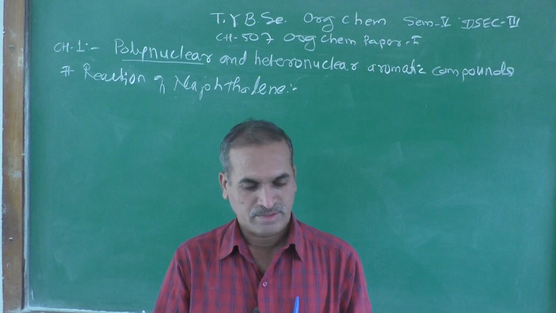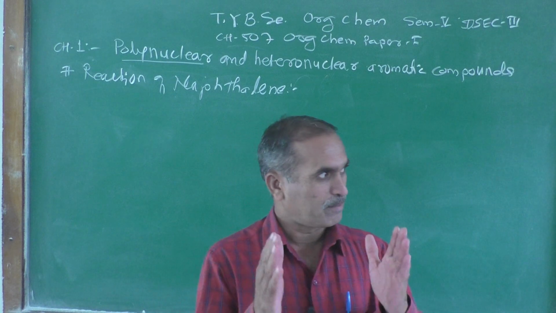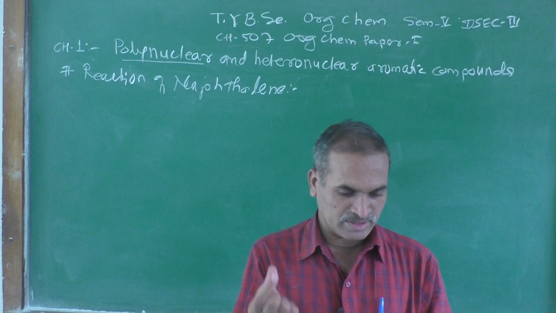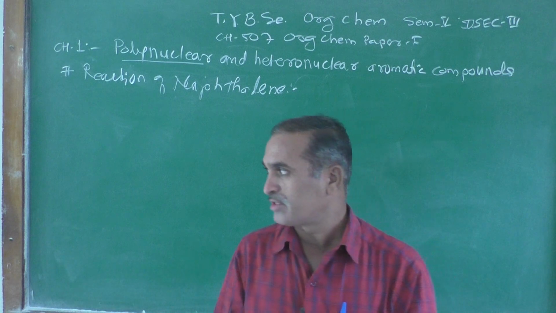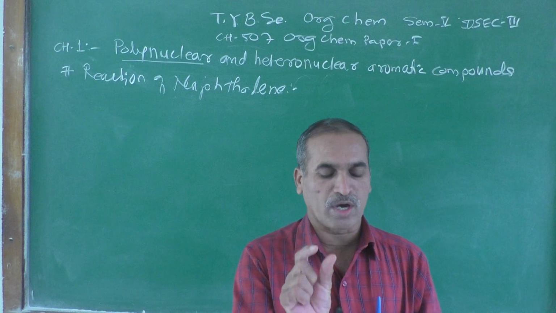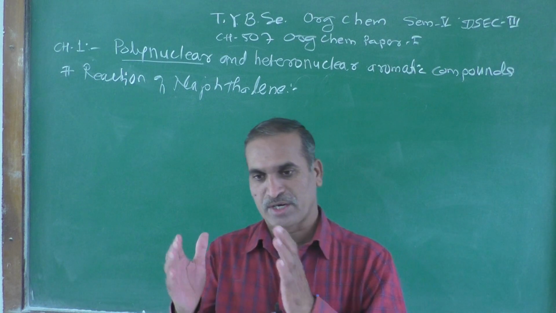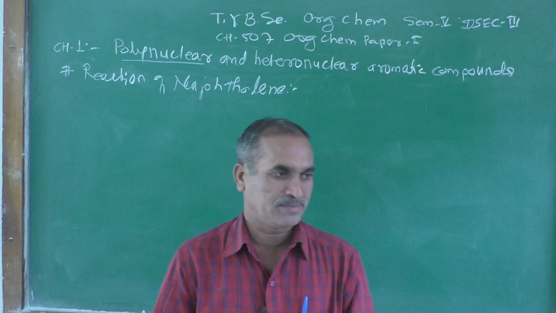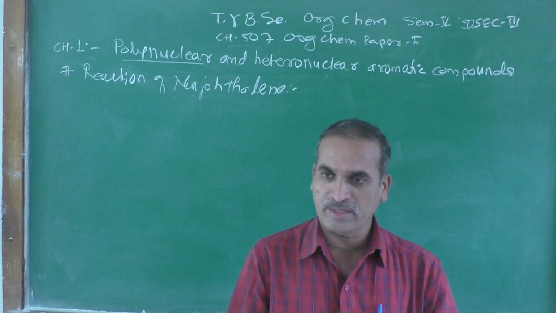There are different methods for the synthesis of naphthol, and as we know, two isomeric forms are generally obtained from naphthalene.